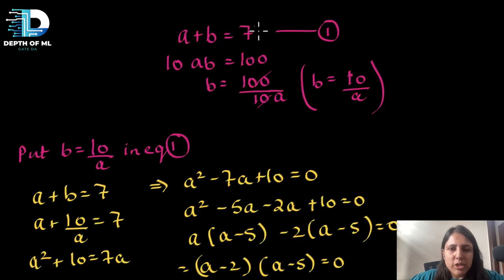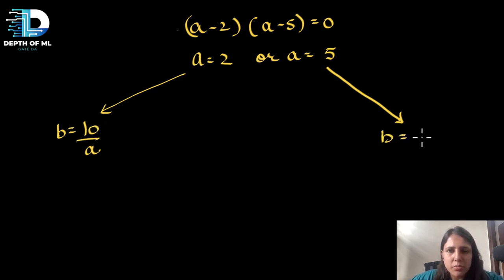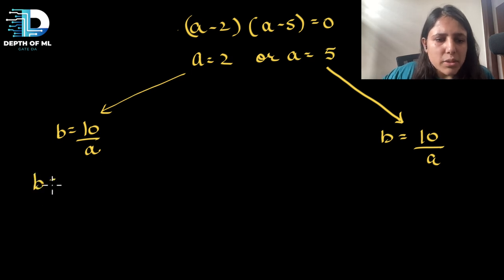Fine. So let me solve for both cases and see what I'm getting for B. The equation was B is equal to 10 by A, right? So for A equal to 2, B will be 10 by 2, so B is equal to 5.